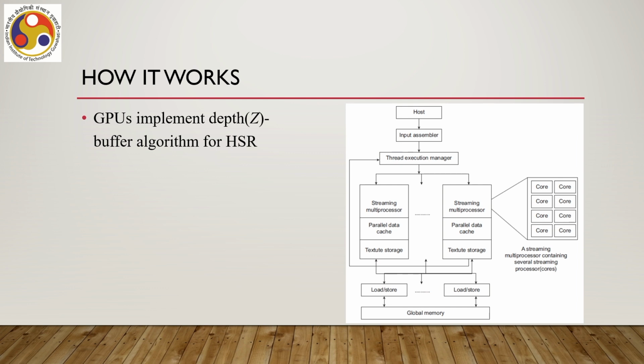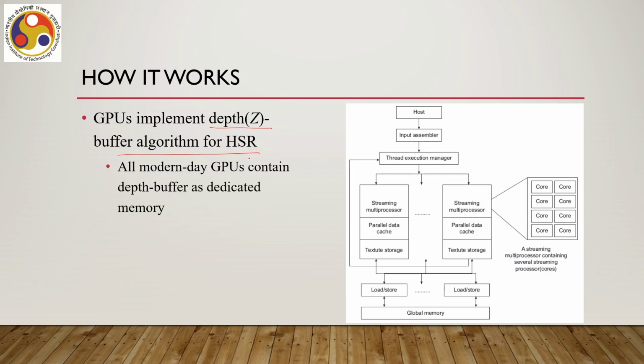Also, for hidden surface removal, GPUs implement a special algorithm called the depth buffer algorithm, which requires another storage, called the depth buffer. So, GPUs contain such a depth buffer as a dedicated memory, which stores the depth information for each point in a 3D scene before they are projected on a 2D plane.